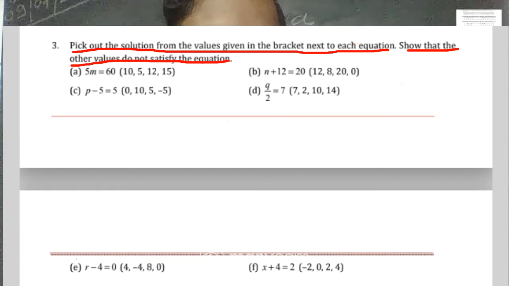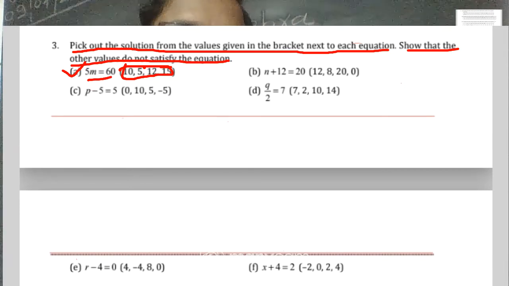So the first part, part A of question number 3, is 5m is equal to 60, and the solution is given in the bracket. So we first check which is the solution of the given equation.